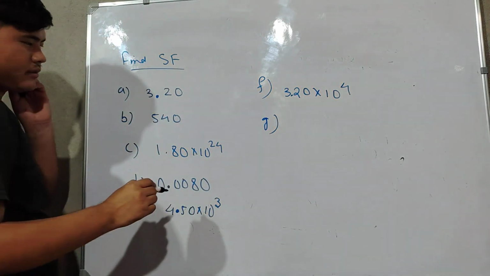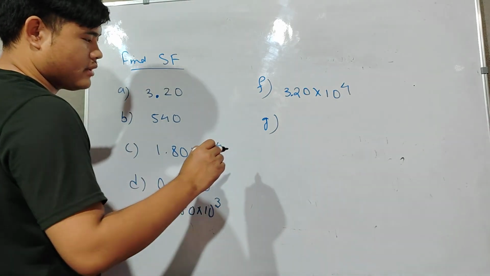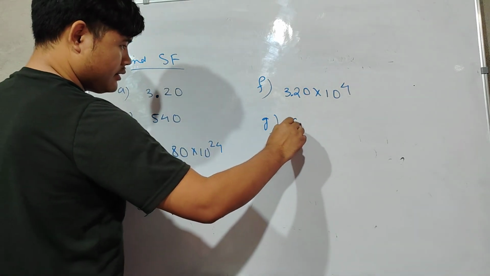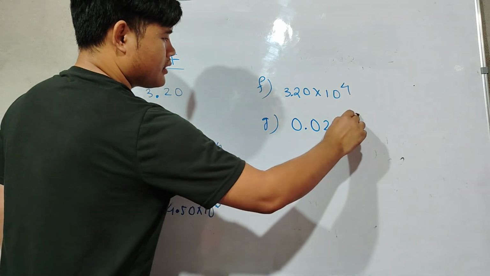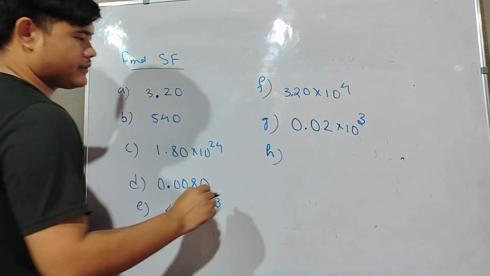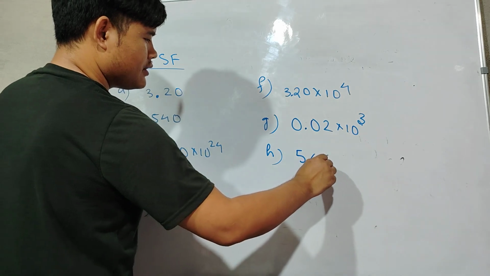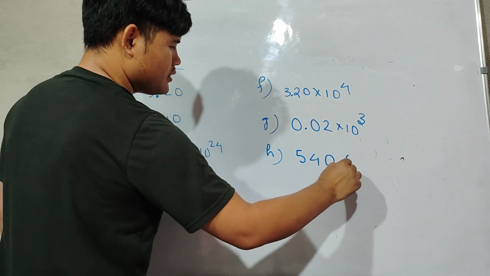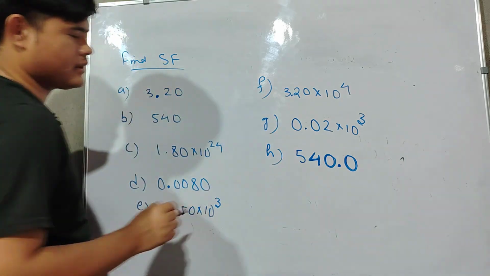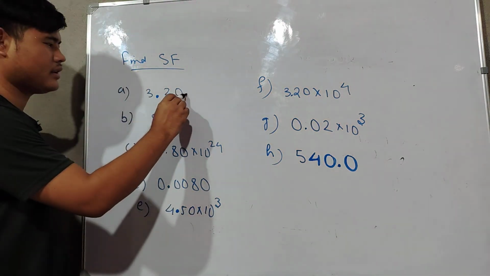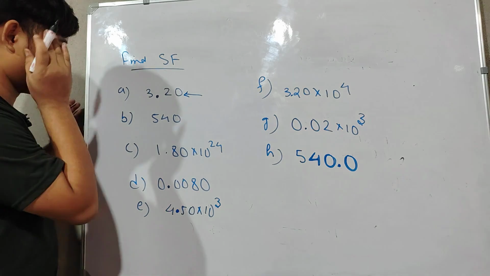Number G: 0.02 into 10 to the power 3. Number H: 540.0. Tell me how many significant figures are here. You pause it and write it, and then you see the answers here.